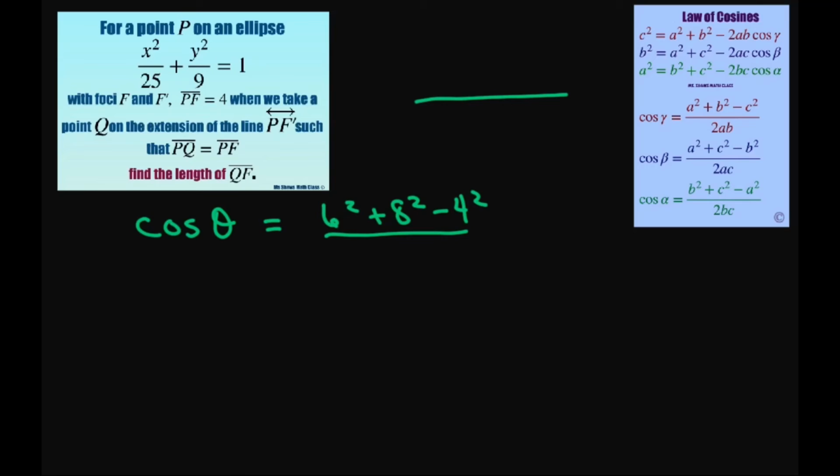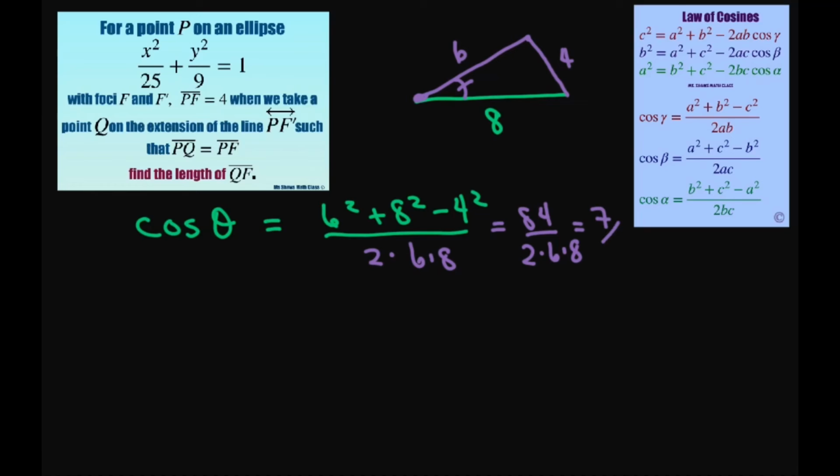This was your 8, remember, and this part, I'm just going to draw the triangle, was your 4. And this part here was your 6. And this is the angle we're looking for. Then we have 2 times 6 times 8. This gives you 84 divided by 2 times 6 times 8, and that reduces to 7 divided by 8. Okay, so that's cosine of theta.